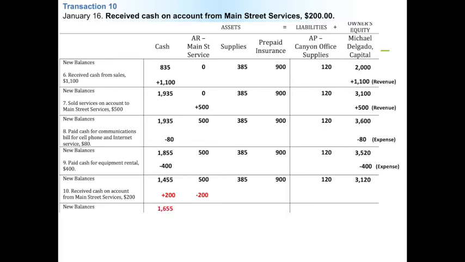When you figure out your balances, $1,655 is your cash. Now Main Street owes you $300 because they just paid you $200. And the rest of them get carried down and they remain the same. And again, when we add up our numbers, you can see that the left side of your accounting equation equals your right side.